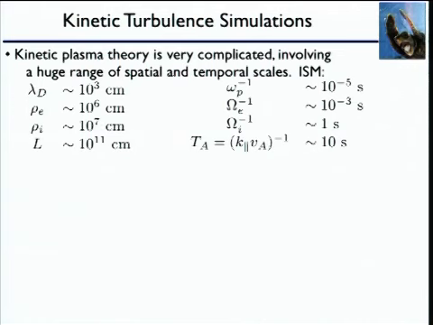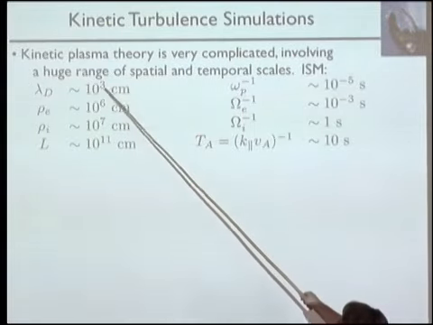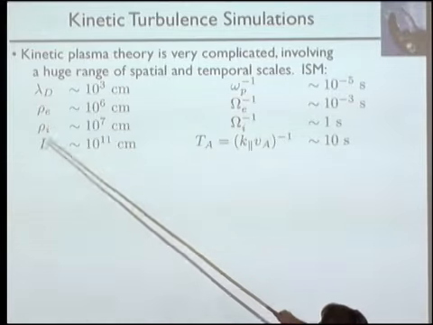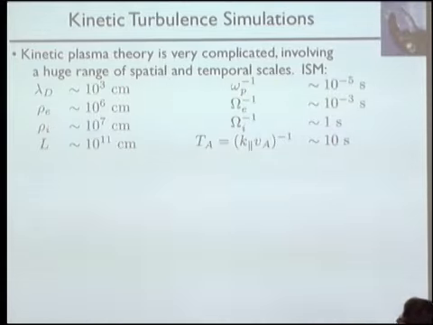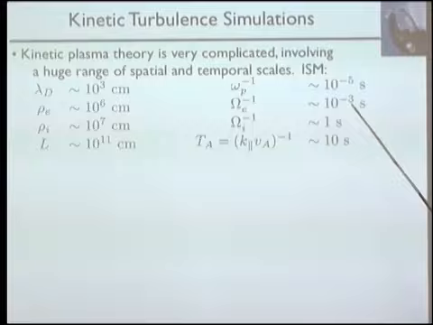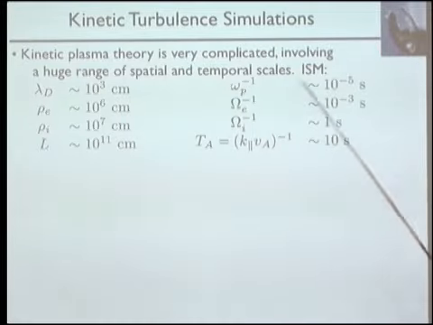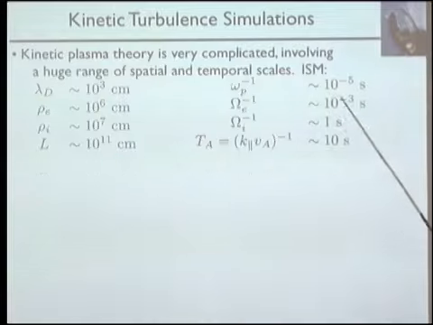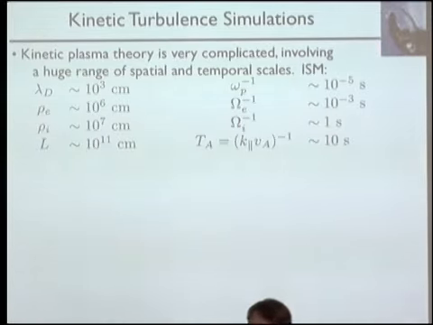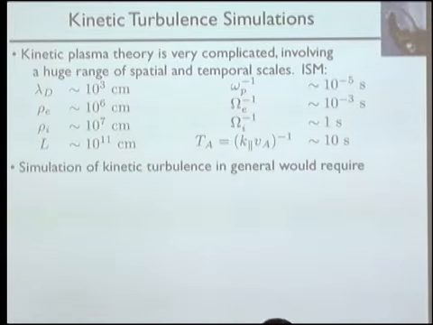But when I made the slide originally, this is certainly a typical plasma in some astrophysical setting. There's a wide range of scales between the gyroradii and a typical wavelength that we're interested in, or stirring scale. And there's a huge range in frequencies. There's the very high frequency plasma frequency, there's cyclotron frequencies, and then there's a typical Alfvén time of 10 seconds. So we have a good separation of space and time scales.